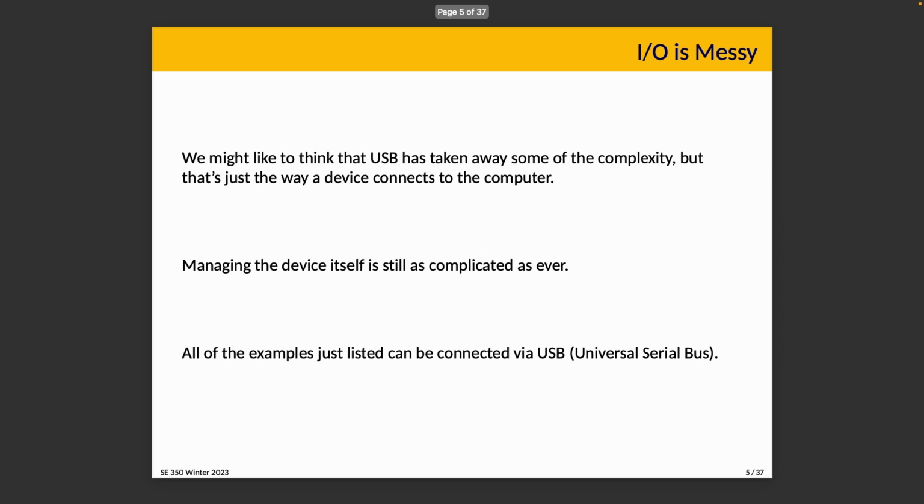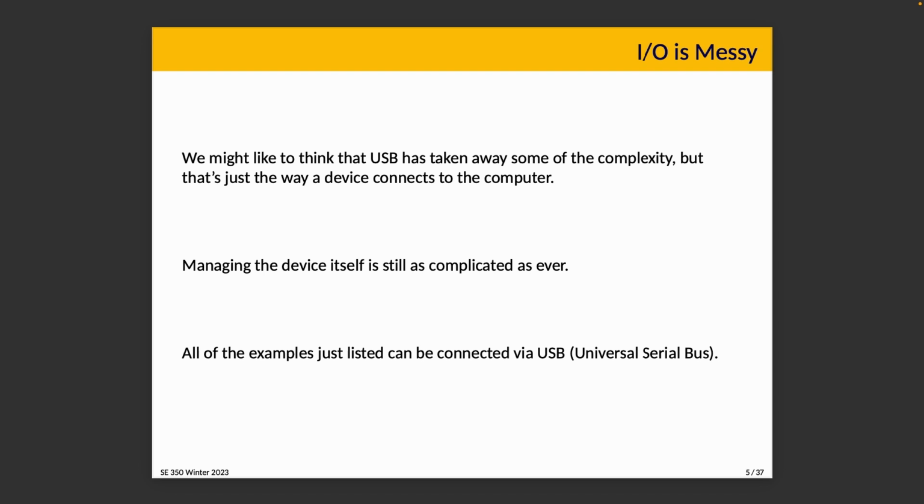And you might say, well, USB exists, so that makes it easier, right? I mean, it does, but it doesn't, right? USB manages how the device connects to the computer, universal serial bus, and managing the actual device itself is still very complicated, right?